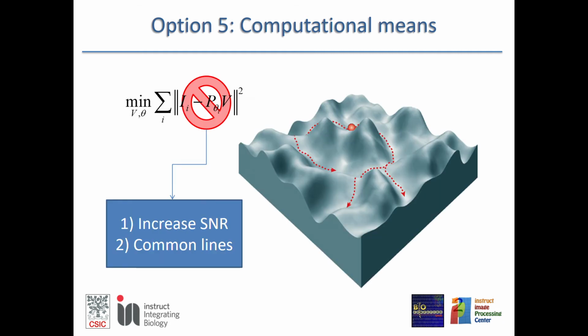The other one is to try to work with a goal function that has many fewer minima. And for that, what you can do is to increase the signal to noise ratio, and again, working with classes helps with that.